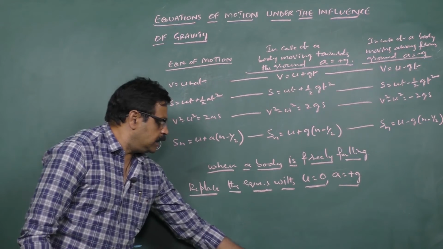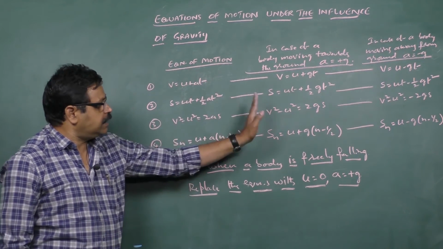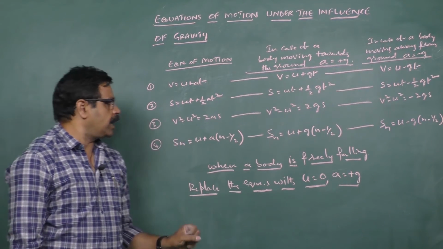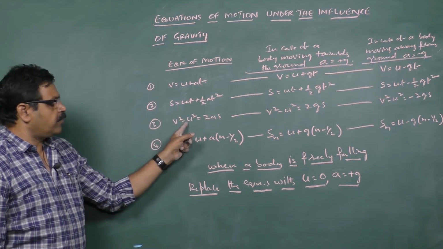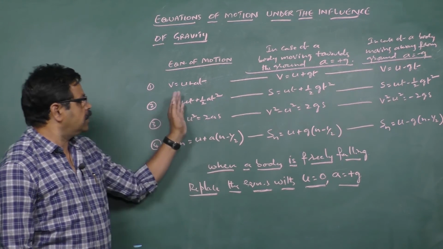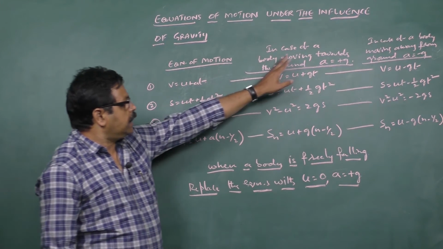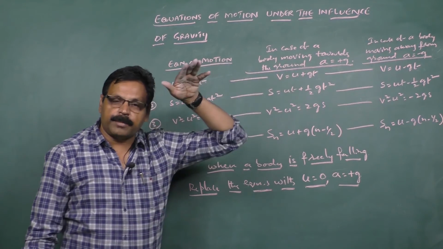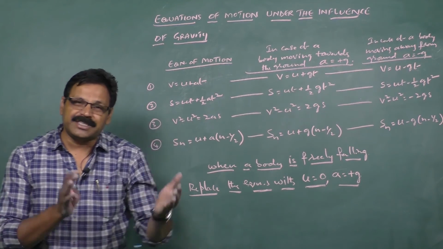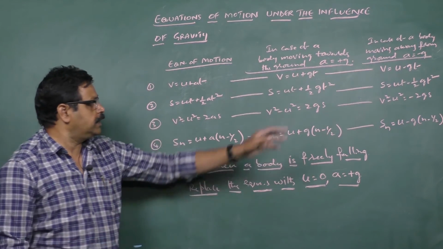So these are the equations showing how the equations of motion change when a body is moving under the influence of gravity. These are the equations we have already written when a body is moving on the surface, where a is the acceleration possessed by it. A body coming down under the influence of gravity possesses an acceleration called acceleration due to gravity.